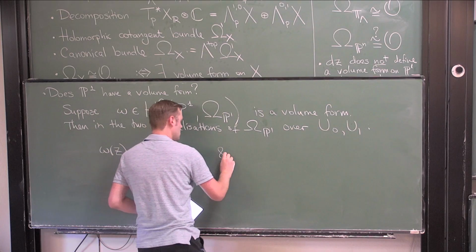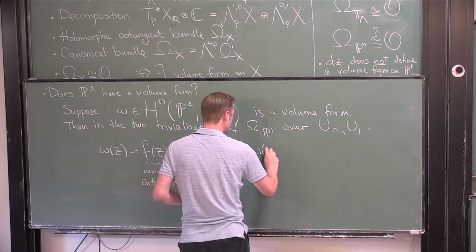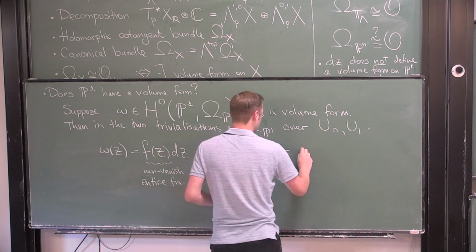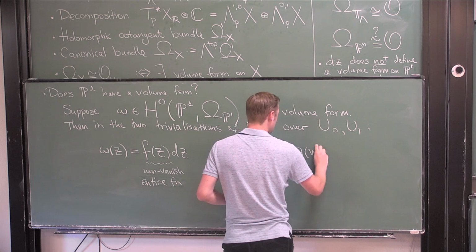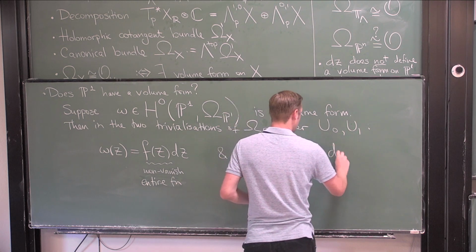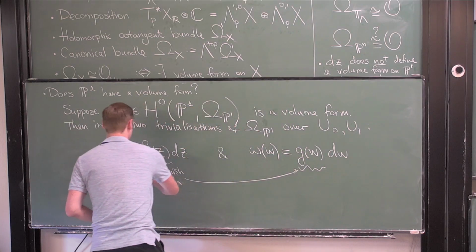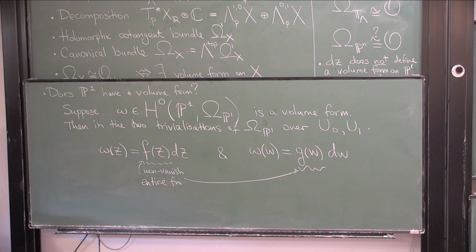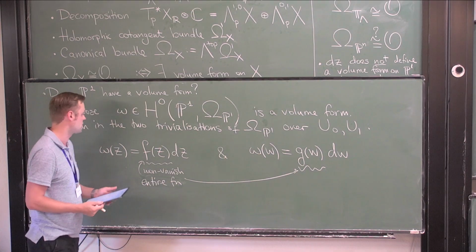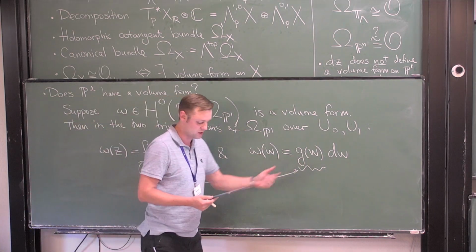And also, in the other coordinate chart, we have something similar. I'll call this coefficient g. So they're both non-vanishing entire holomorphic functions. This one's a function of z, this one's a function of w.